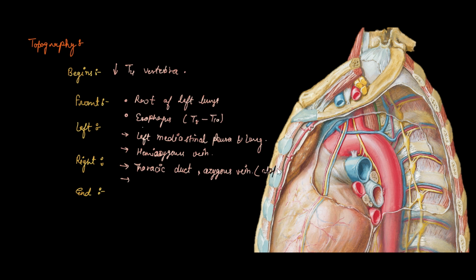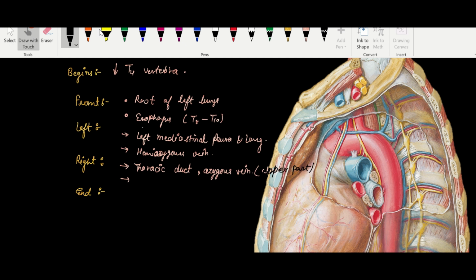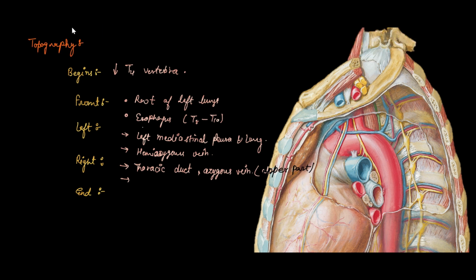In the upper part were lying the thoracic duct and azygous vein, whereas in the lower part were lying the right mediastinal pleura and the right lung. These were lying in the lower part of the thoracic aorta.